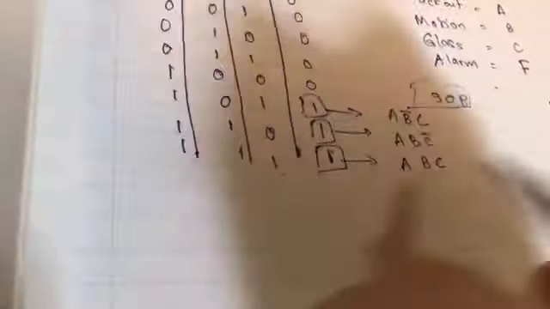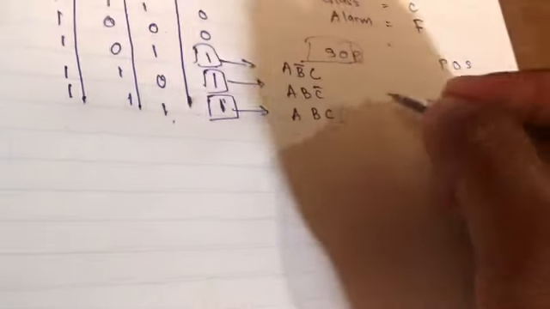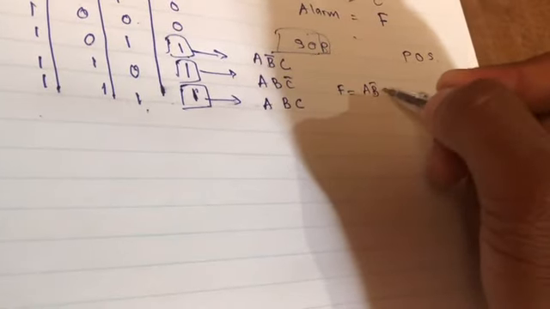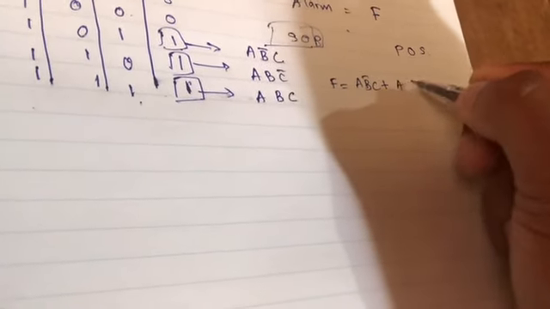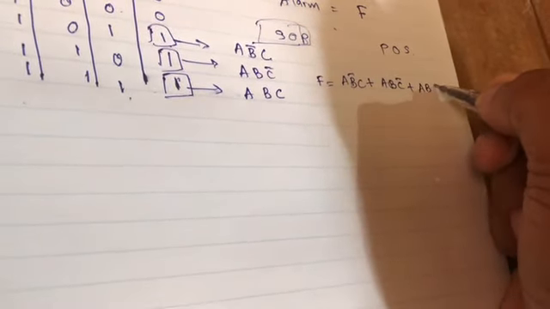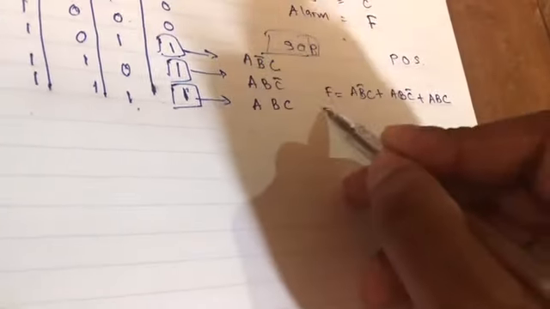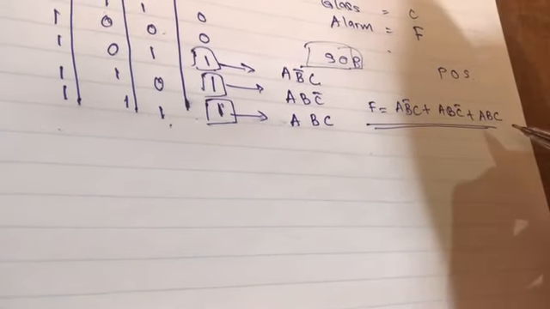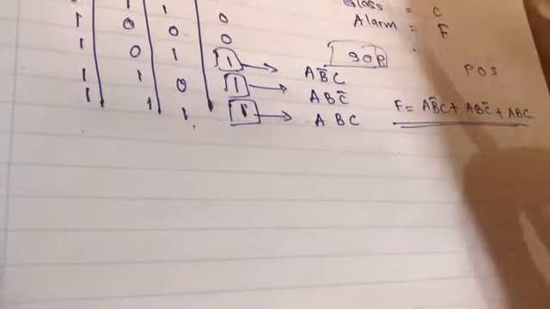After that we write down F equals A B bar C plus A B C bar plus A B C. So this is the derived Boolean expression for the function of the alarm system.